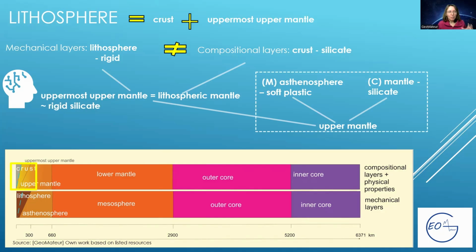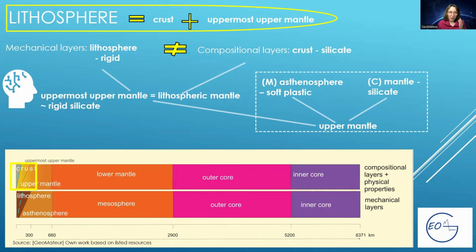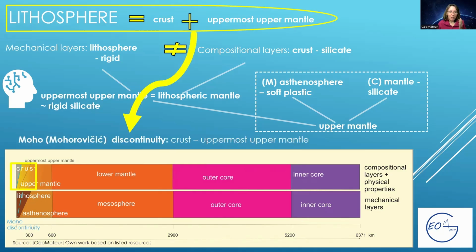So remember, the lithosphere is the crust plus the uppermost upper mantle, and the border between them is the Moho or Mohorovičić discontinuity. So please remember, the Mohorovičić discontinuity separates the crust from the uppermost upper mantle, and together they create the lithosphere.